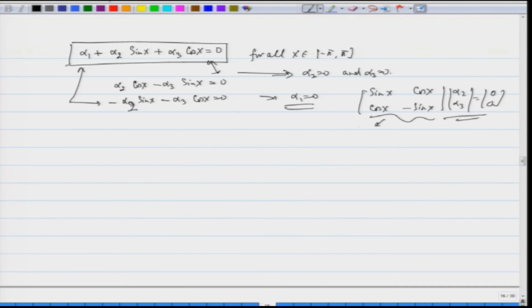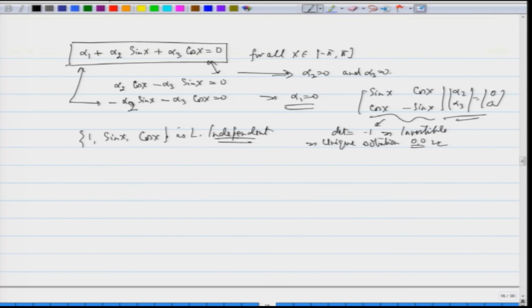This determinant being nonzero implies invertible, which implies a unique solution (0, 0). So, therefore, what we are saying is the set 1, sin x, cos x is linearly independent.